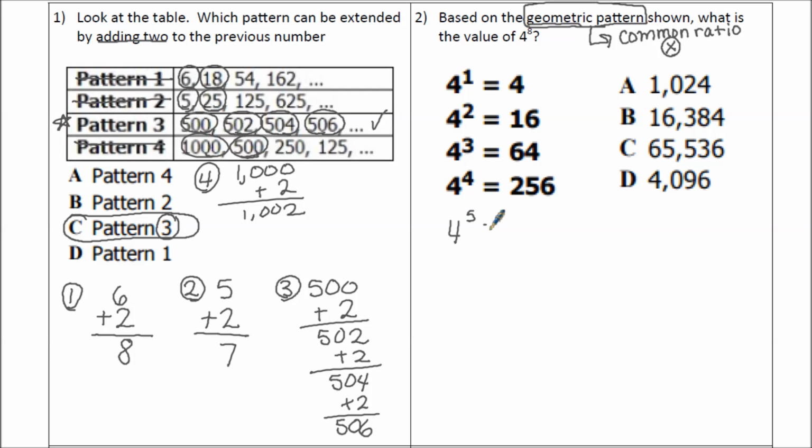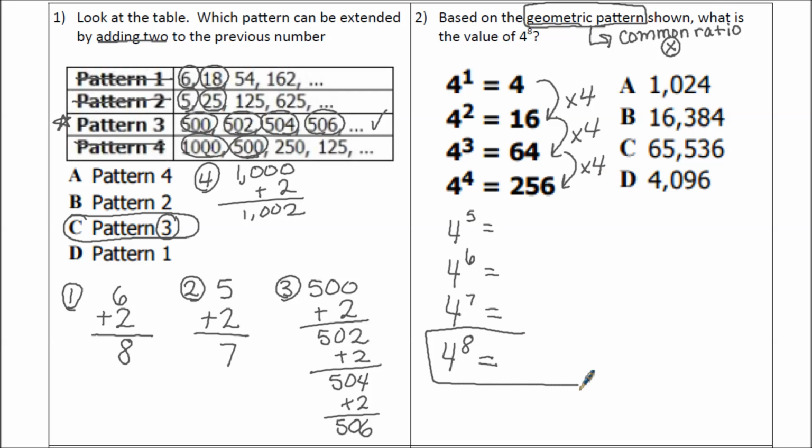So if I want 4 to the 8th, I'm going to set up the rest of this pattern. So 4 to the 4th, 5th, 6th, 7th, 4 to the 8th, and write what those are actually equal to. So I see that it's a common ratio because I'm multiplying by another 4 to get the next exponent. And I want to get all the way down to 4 to the 8th.